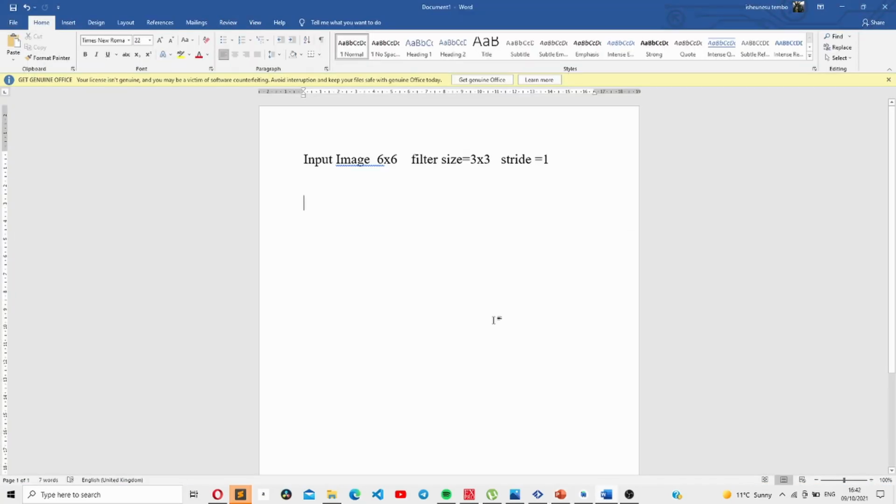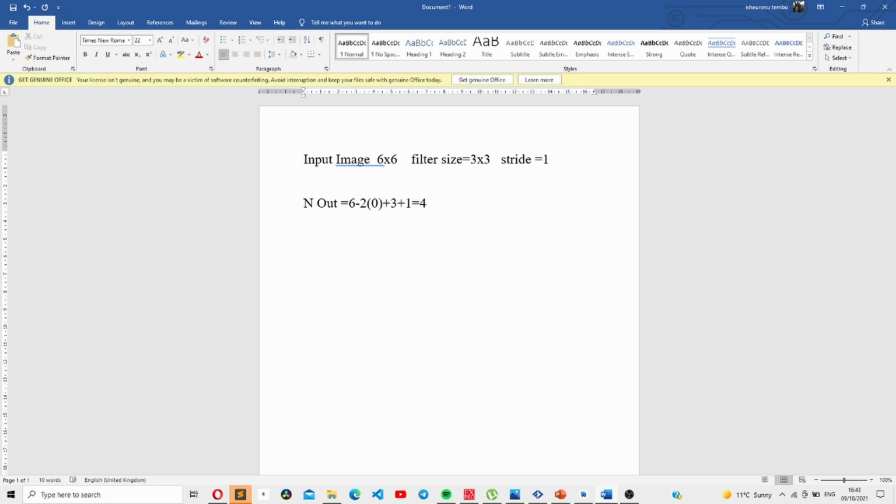So let's take a look at this. We have an input image, which is a 6 by 6, and we want to determine the output. We know that it's 6 minus 2 times... in this case, we have a padding of 0, plus 3. We divide by 1, so it doesn't make any difference, plus 1 according to our formula. You can try it out.